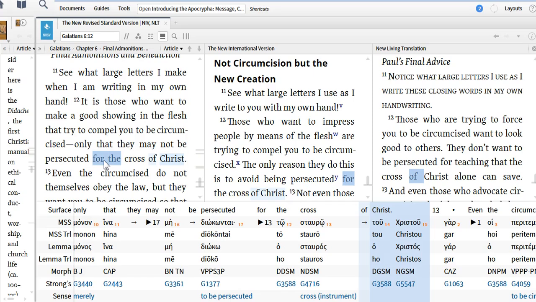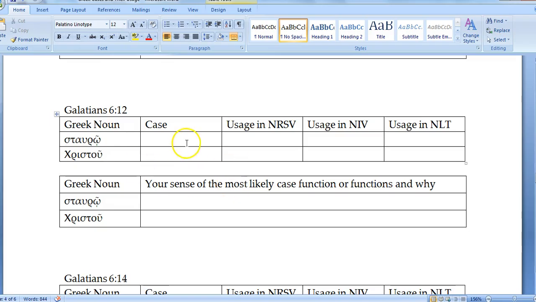That is to say, I don't think we would understand this intuitively as a dative of indirect object being represented, or as a dative of advantage, or for that matter, a dative of destination. So I would probably think that even these two translations are representing the dative case here as dative of cause, which is not common by any stretch, but does happen.